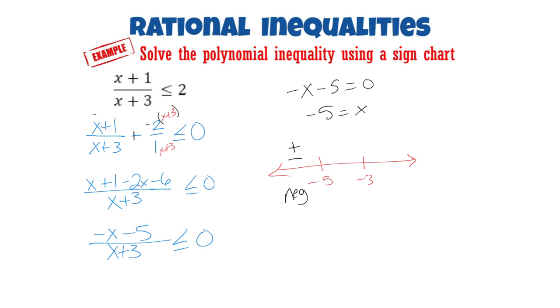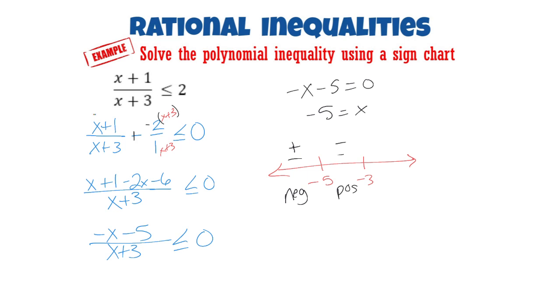All right, let's try something in between them, probably like a negative 4. If you put a negative 4 right here, that negative is going to change it back to a positive 4. 4 minus 5 is negative. If I put a negative 4 in the denominator, that's going to end up negative also. And a negative divided by a negative is going to end up a positive.